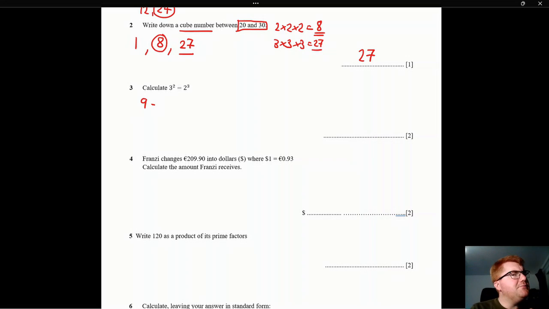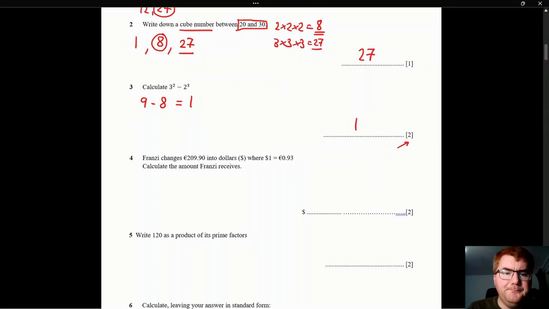So do use the previous questions to help you with subsequent questions later on. And 2 cubed was equal to 8. So then we get 9 minus 8, and that's equal to 1. Notice with these 2 mark questions, I will make the extra effort to write that 9 minus 8 step, just in case something goes wrong a bit later on.